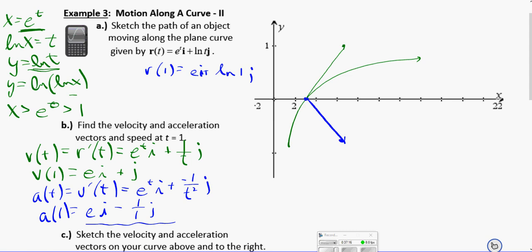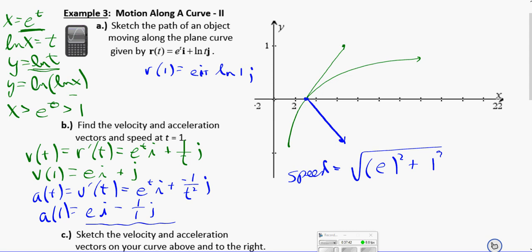Let's find the speed. The speed at 1 is the velocity at 1 squared in the horizontal plus the velocity at 1 in the vertical squared.